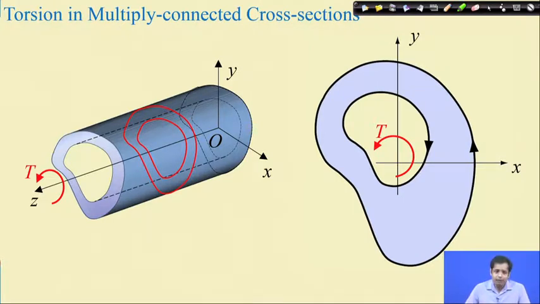If you recall, in some of the earlier classes when we were discussing equilibrium and compatibility, it was mentioned that compatibility guarantees a single valued displacement field if the domain is simply connected. For a multiply connected domain, the compatibility condition is a necessary condition, but may not be a sufficient condition.